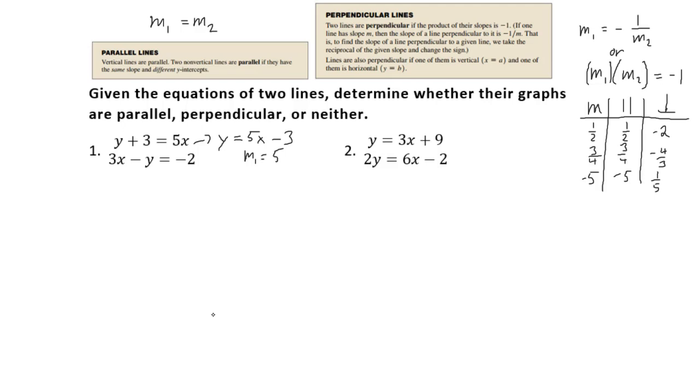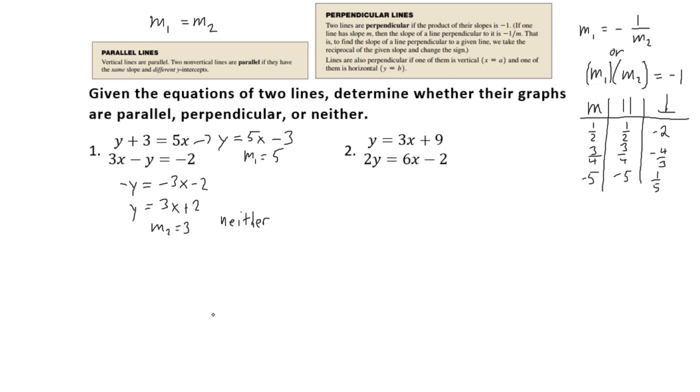Look at the second one, it's not in slope-intercept form, so we have to put it in that. So negative y equals, move the 3x over, so negative 3x minus 2, and y equals, multiply everything by negative 1, 3x plus 2. So this slope equals 3. They are clearly not the same, and they are not opposite reciprocals. So this would be an example of neither.